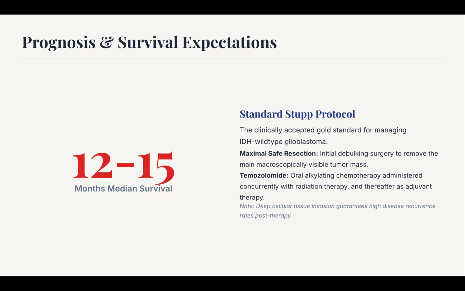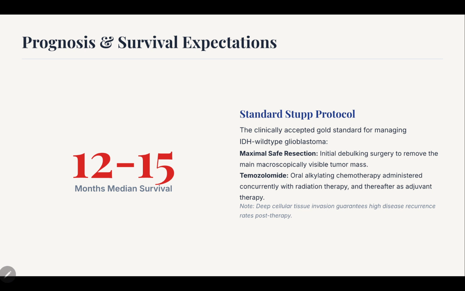Maximal safe resection: initial debulking surgery to remove the main macroscopically visible tumor mass is done. Next, use of temozolomide, the oral alkylating chemotherapy administered concurrently with radiation therapy and thereafter as adjuvant therapy. Deep cellular tissue invasion guarantees high disease recurrence rates in post therapy cases.